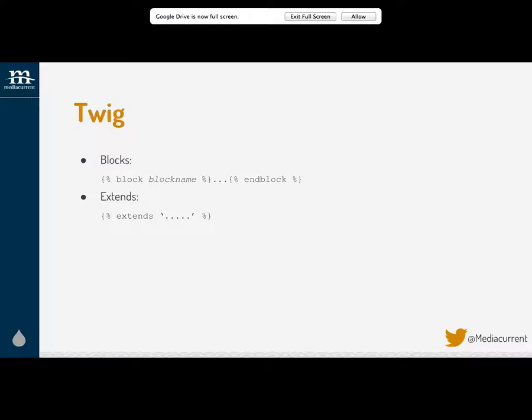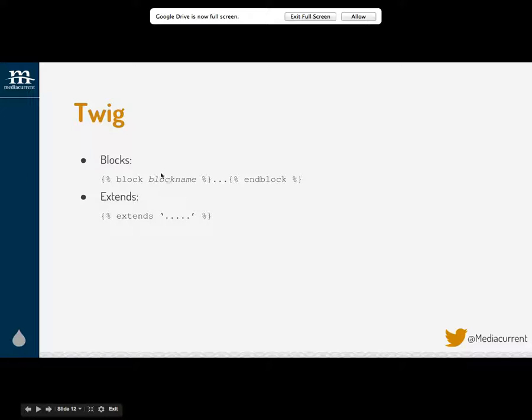So in the template with the extends, you have a second set of the block tags in there. Let's say I have a main node template, and I want to extend it with article information that's only on the article.